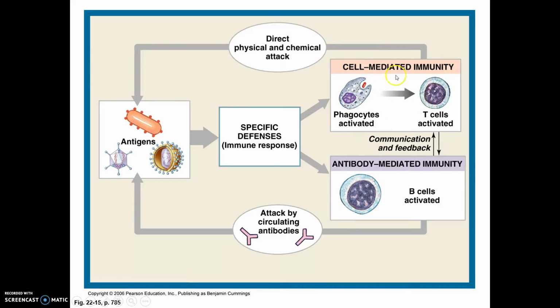So again, specific defenses are lymphocytes, T cells and B cells. I have cell-mediated, meaning they go and kill cells that are infected, and antibody-mediated, meaning they release antibodies that attach to invaders in our body fluids. Because remember, we have cells, and then we have the material outside our cells, which is mostly interstitial fluids or extracellular fluids, such as plasma even.